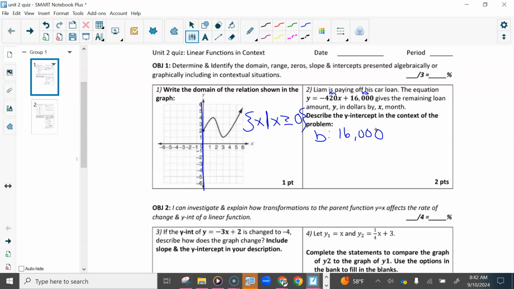So keeping that part in mind, at 0 months, since x is months, it costs this, which means before he even started this loan, he had to pay this amount in dollars, or this was the deposit of the car. I'm just going to put 16K. But then you could also say that was the deposit. He had to pay a $16,000 deposit.